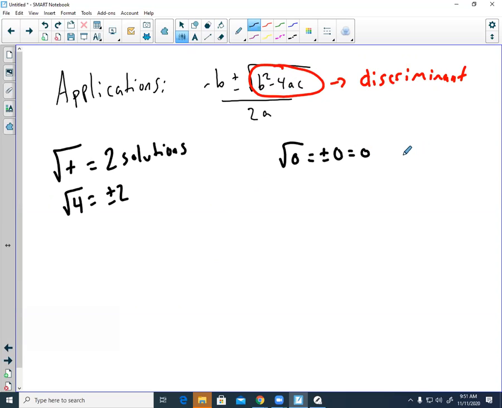So that means there's only going to be one solution, right? And then if we think of having the square root of a negative number, something like the square root of negative 4, we know that we would have to pull an i out of there, and it would make it plus or minus 2i. So this would be two imaginary solutions.